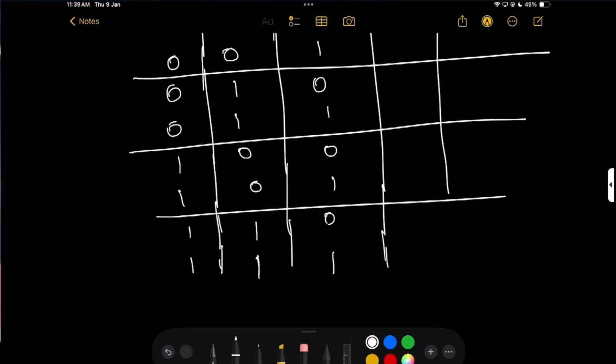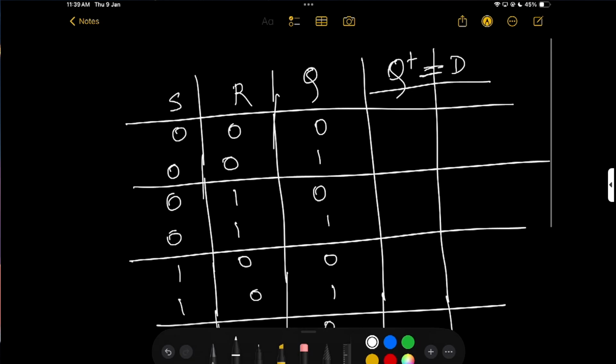Now we see what my output is. If the input is 0 0 in the SR latch, it holds the value of my previous state, which is 0, so Q plus equals 0 again, and here 1 again.